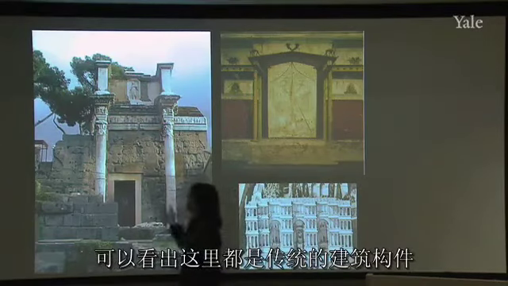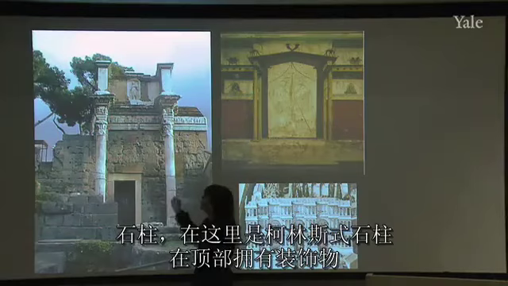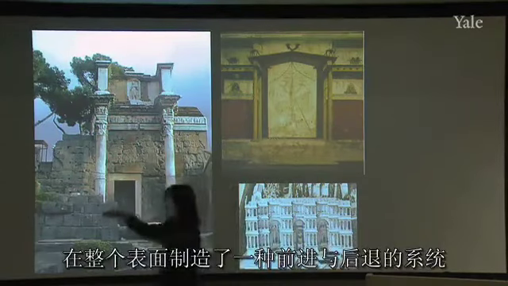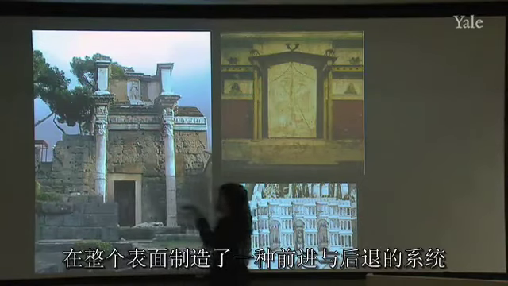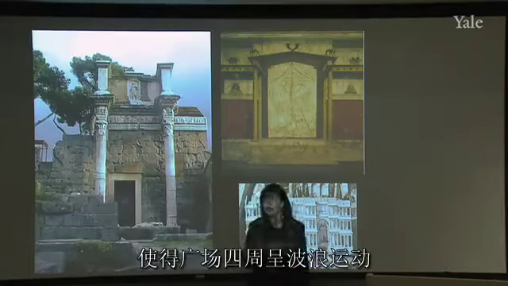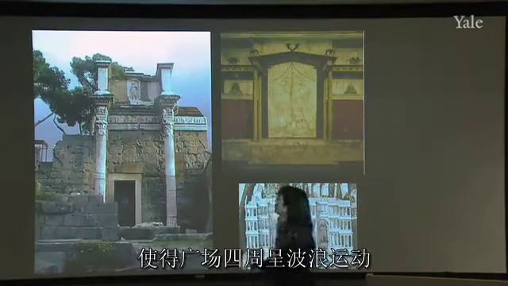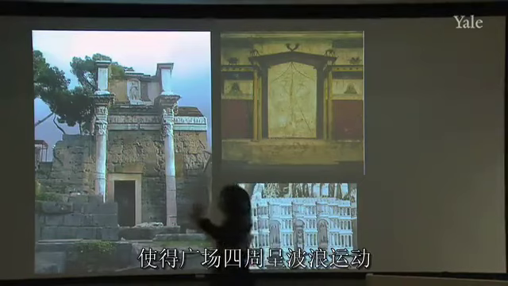What we have here are the traditional vocabulary of architecture, columns, in this case Corinthian columns, with projecting entablatures on top, creating a system of receding and progressing bays across the surface, which created a kind of undulating movement across the sides of the forum.